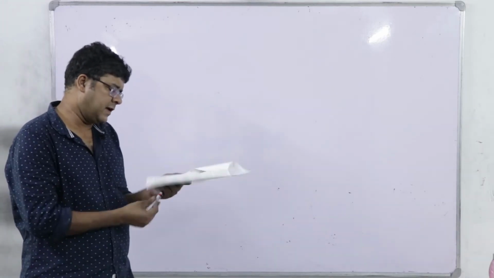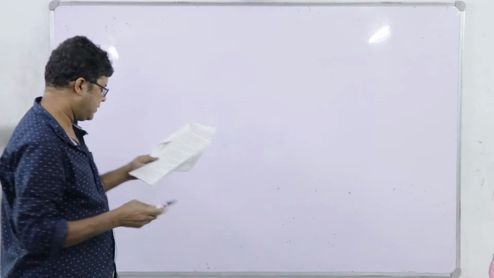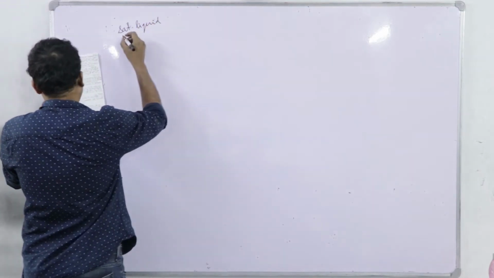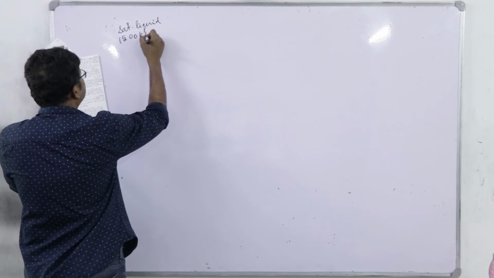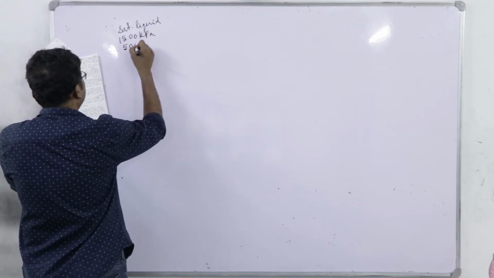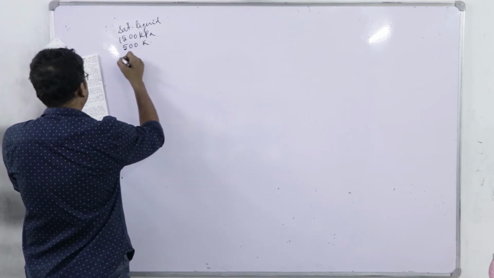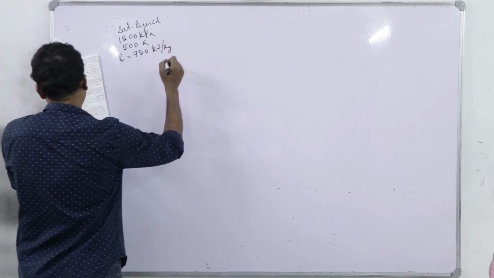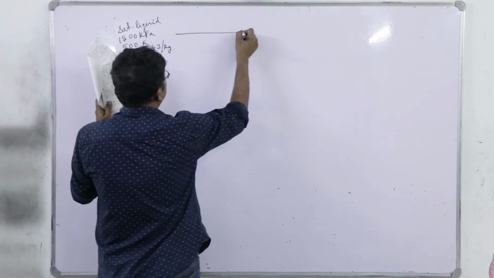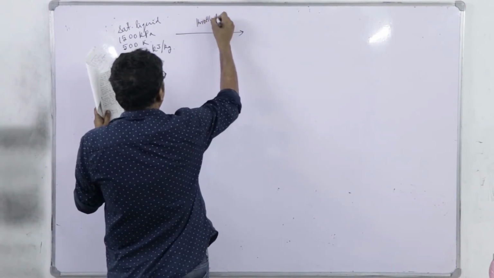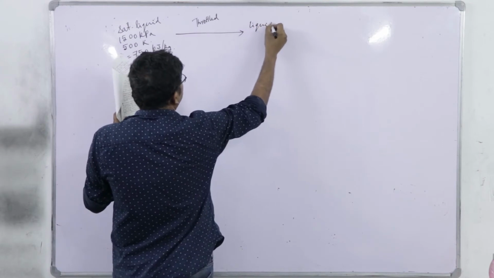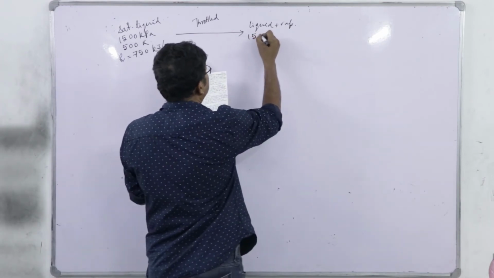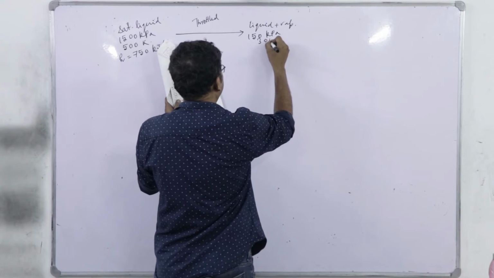See another problem. A saturated liquid at 1500 kilopascal and 500 Kelvin with an enthalpy of 750 kilojoule per kg is throttled to a liquid plus vapor mixture at 150 kilopascal, 300 Kelvin.